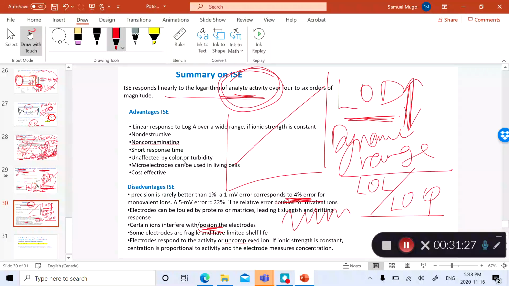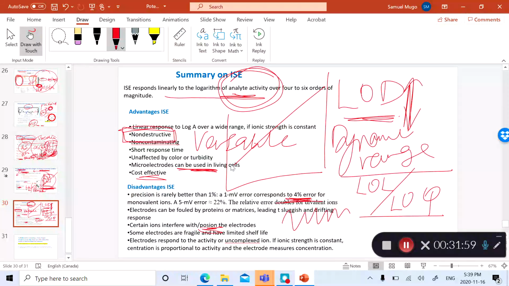Now, advantages. Like I've said, they can be very, very small, so you can do in situ detection. You can actually analyze things in living tissue. They are very cost effective. They are very versatile. You can make almost anything you can think of, because you just need to play with the chemistry to make the membrane selective to whatever you're analyzing. Now, this is very important because you do not destroy the sample.